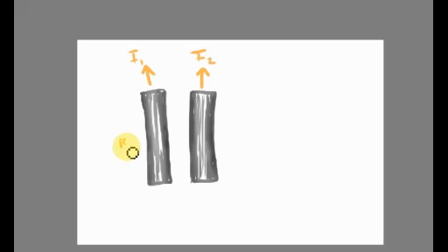First of all, let's label these B1, B2. Each of these has a magnetic field around it. And because the currents are pointing in the same direction, the field goes like this for both of them.